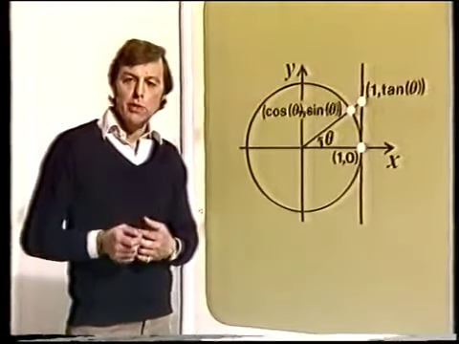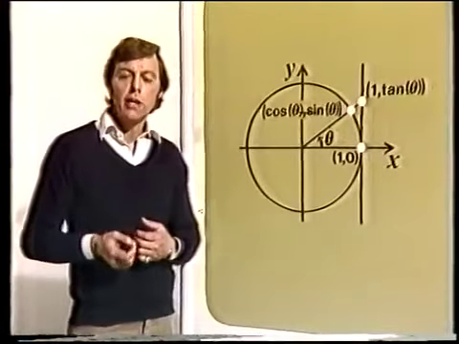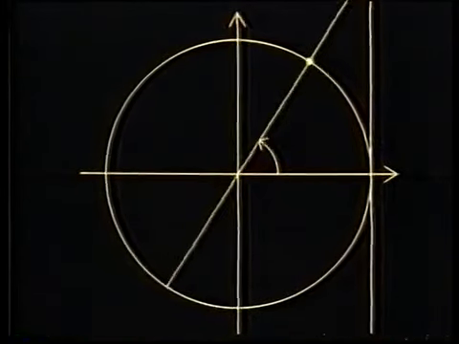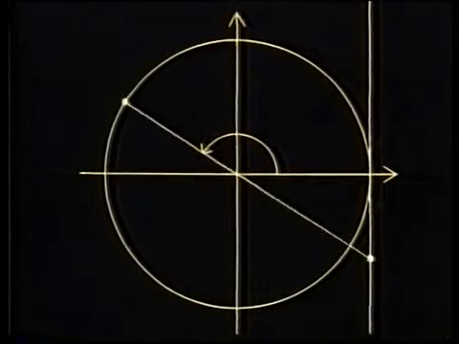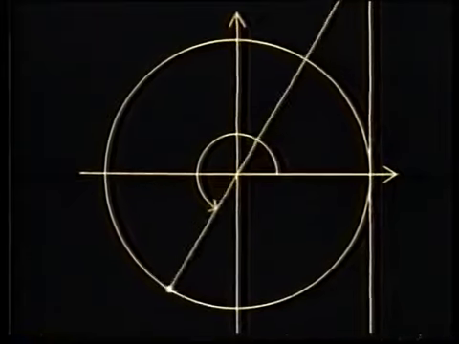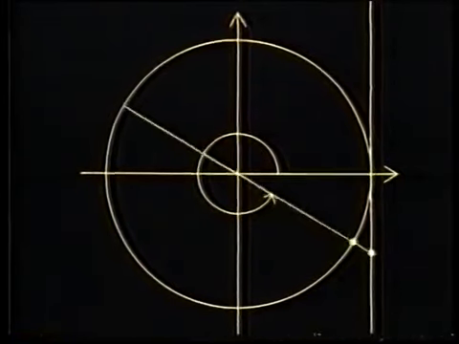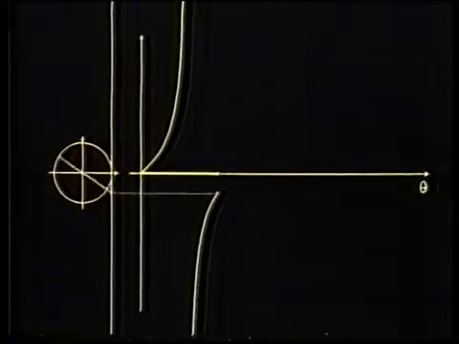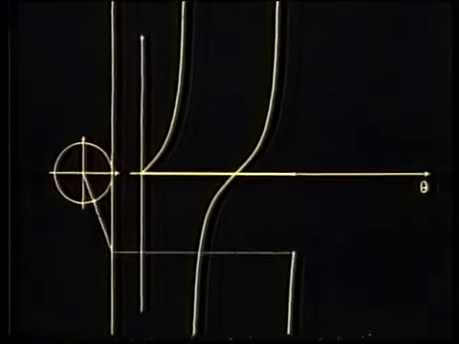Now we've already used this picture to plot graphs of sine and cosine, so to finish the program, let's plot the graph of tangent. We want to plot this length along the tangent. Rotating anticlockwise gives the graph for positive theta.